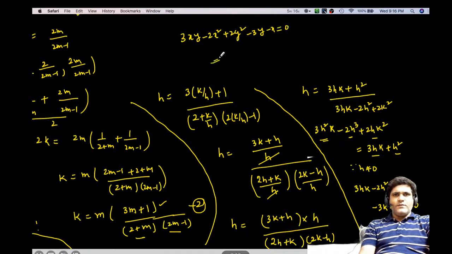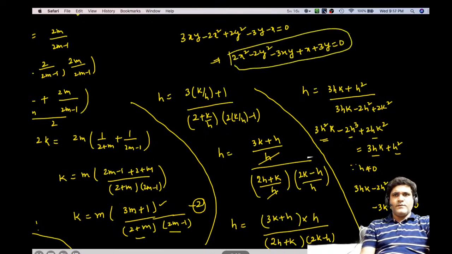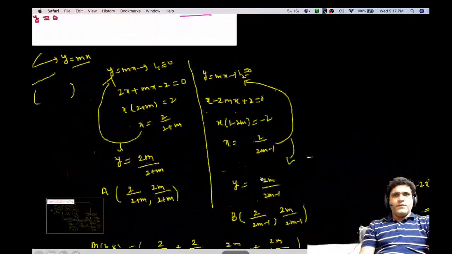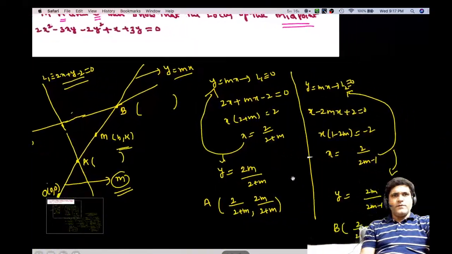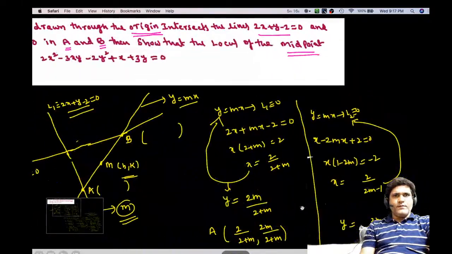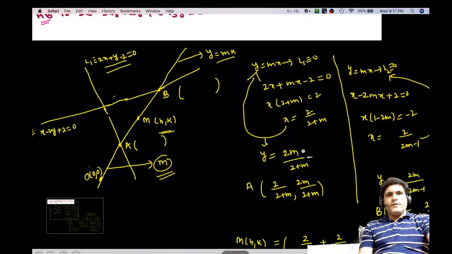If you take this whole thing to the right hand side, 2x square minus 2y square minus 3xy plus x plus 3y is equal to 0. This is the required locus. 2x square minus 2y square minus 3xy plus x plus 3y. Yes, that is the required locus.